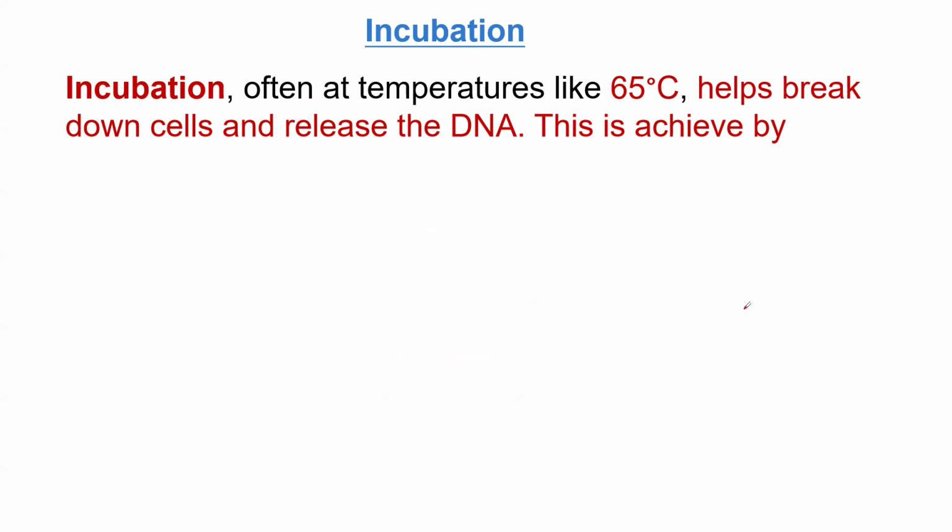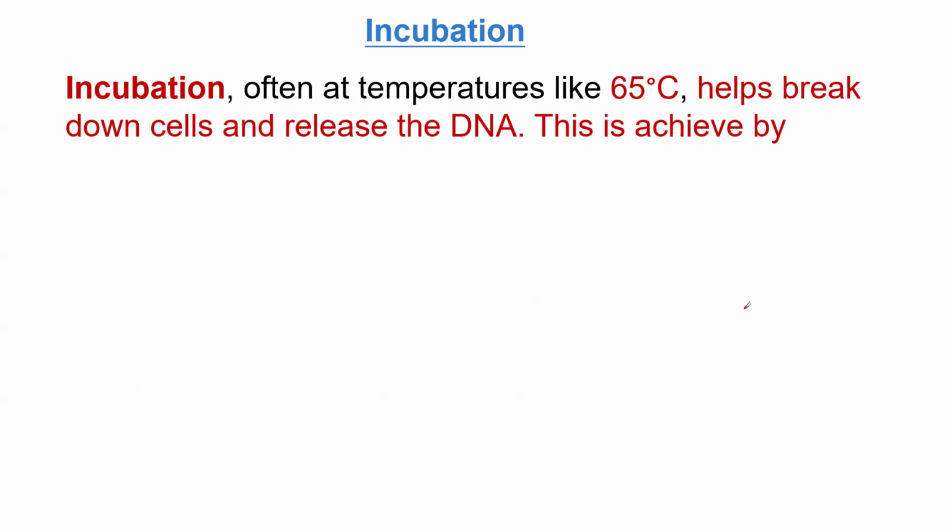When we say take cell lysate, it means that after you lyse the cell completely, you incubate the lysate at a temperature like 65 degrees centigrade. This temperature is very important; it will help further break down the cell and release the DNA.